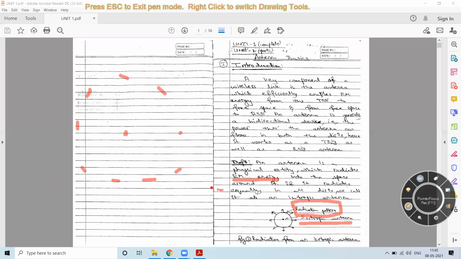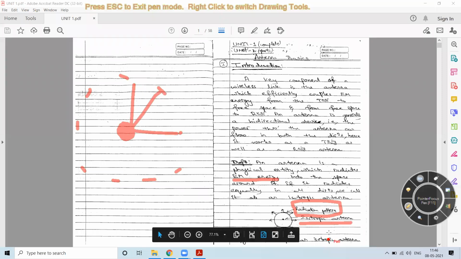So the radiation pattern gives you a representation with information regarding the distribution of electromagnetic energy around the antenna under consideration, at different angles.